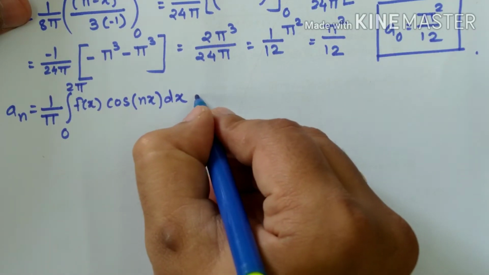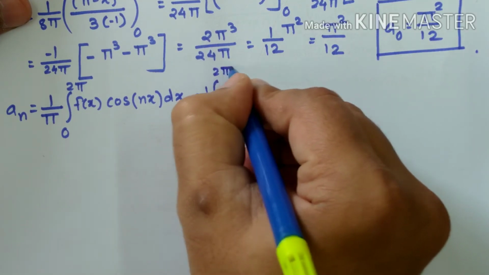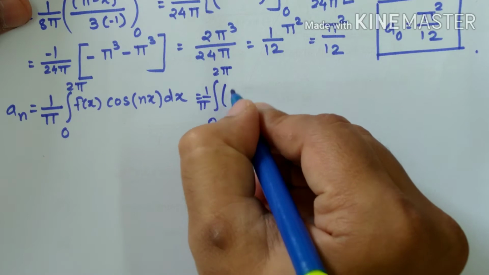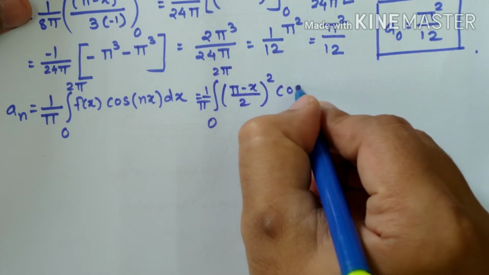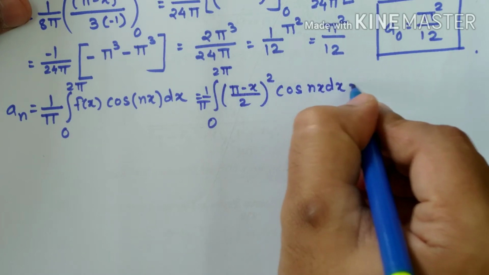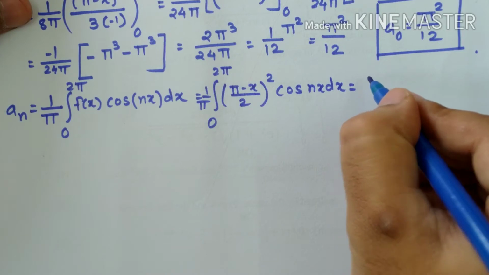Now what is the value of f of x here? 1 upon pi outside, integration from 0 to 2 pi of (pi minus x upon 2) bracket square into cos nx dx. So we can have 1 by 2 square outside of the integral sign as it is a constant.